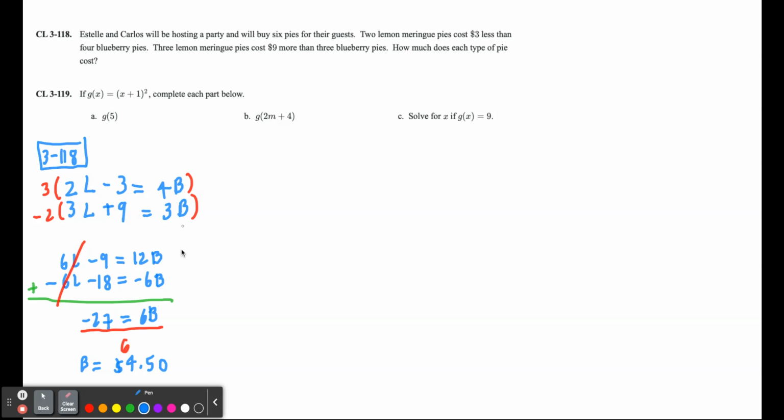So I'll plug it in here. So 2L minus 3 equals 4, and then the blueberry cost $4.50.